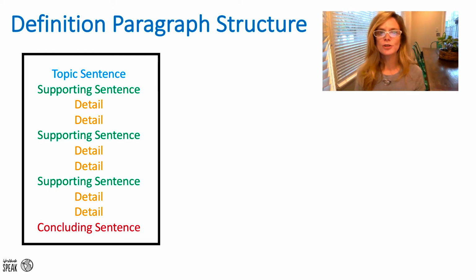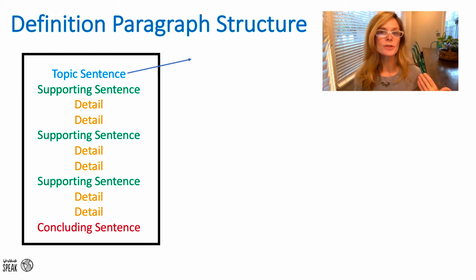So the basic structure is that, as you can see here in the box, we have a topic sentence, which tells the reader what the paragraph is about, supporting sentence, and then details about the supporting sentence, another supporting sentence, details, another supporting sentence, details, and then a concluding sentence.